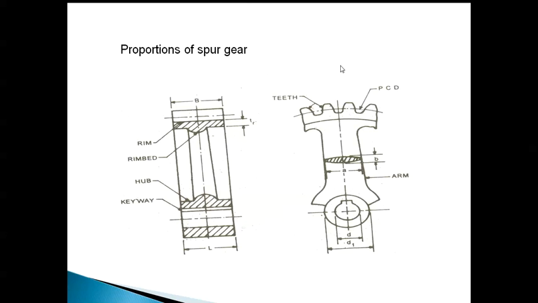So here we can see the rim. This hatched portion is the rim. Above it are the teeth, and below it is the arm.